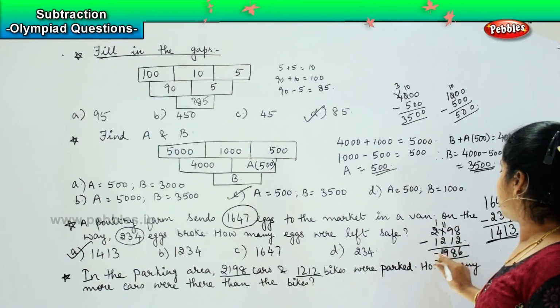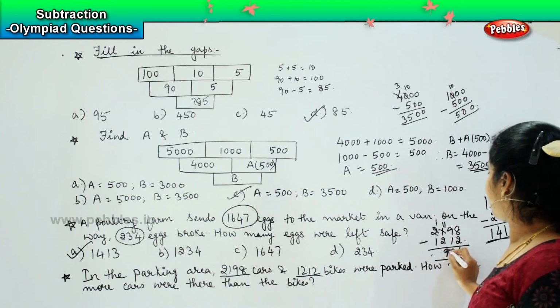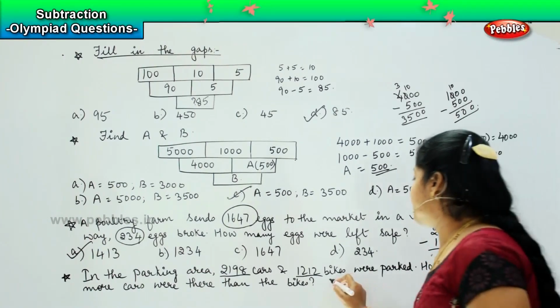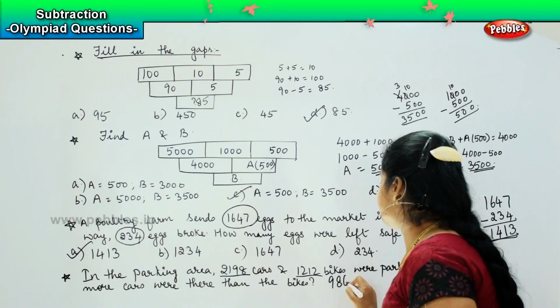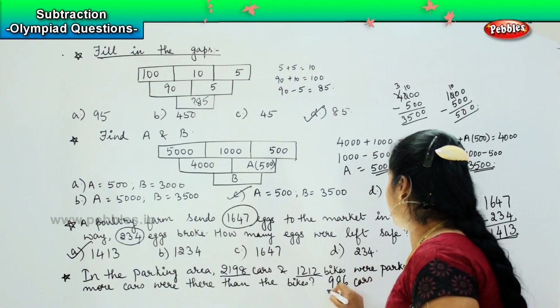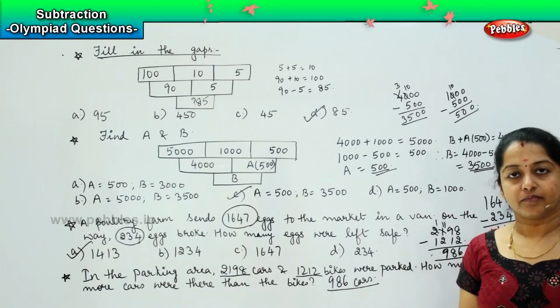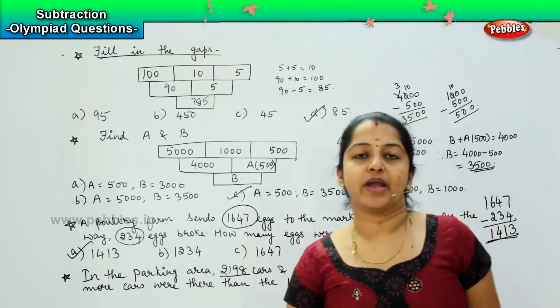So the answer is 986. Okay. So which means that 986 cars were more than the bikes. Clear, children? So shall we move ahead with the next question?